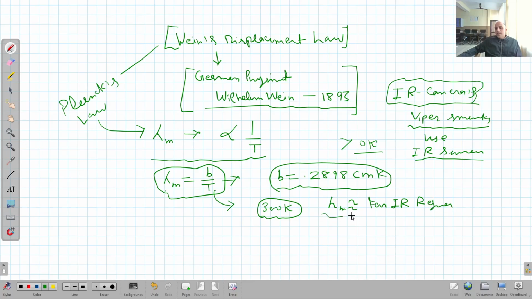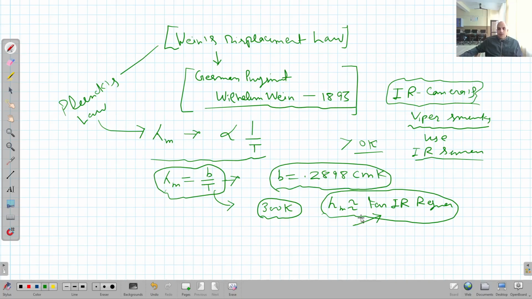It means all the mammals emit radiations in the infrared to far infrared range in the electromagnetic spectrum.